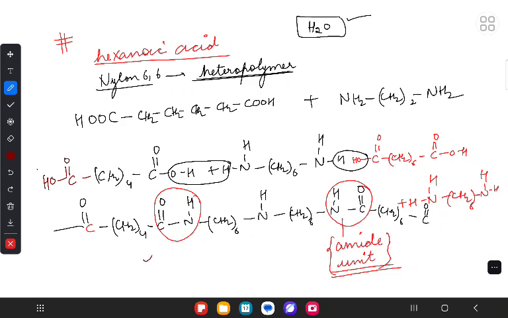And also, it is a kind of polyamide. Why is it a polyamide? Just tell me.